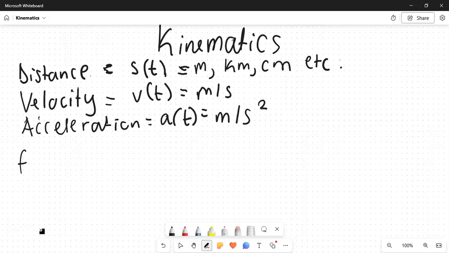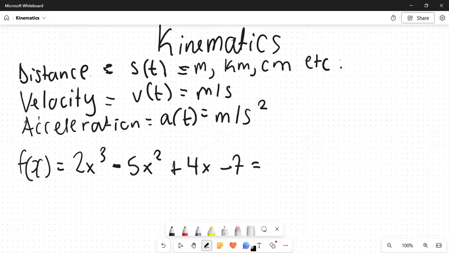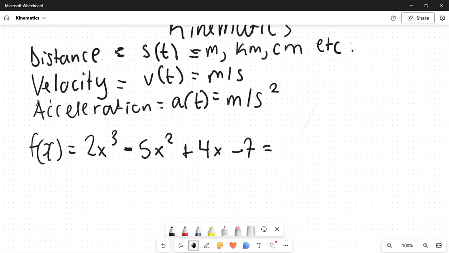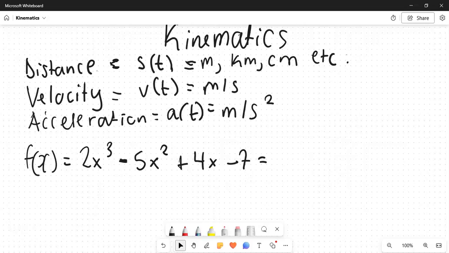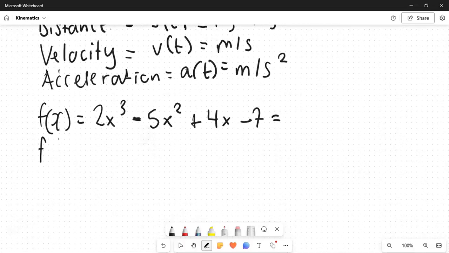For example, f of x is equal to 2x cubed minus 5x squared plus 4x minus 7. If you're starting from distance and you're told to find the velocity, but first, before I explain the rest, let me find the derivative of this cubic function.